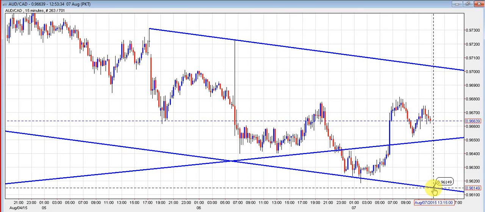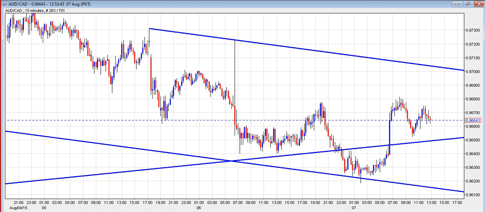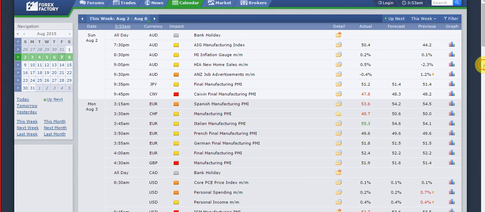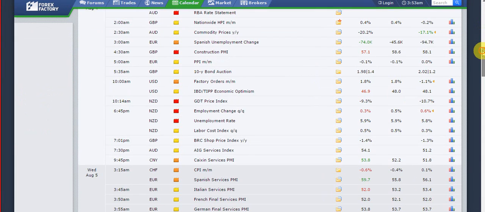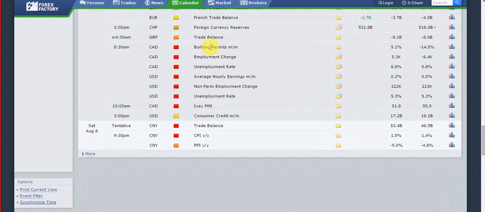And one way to look at it is that for Aussie Canadian, I think we have quite important data coming up. NFP is obviously there, but there's also some news feed from Canada, and I think it's very important. Let's see. Yeah, the Canadian trade balance is coming now. I just want to reconfirm. There's quite a lot of them.